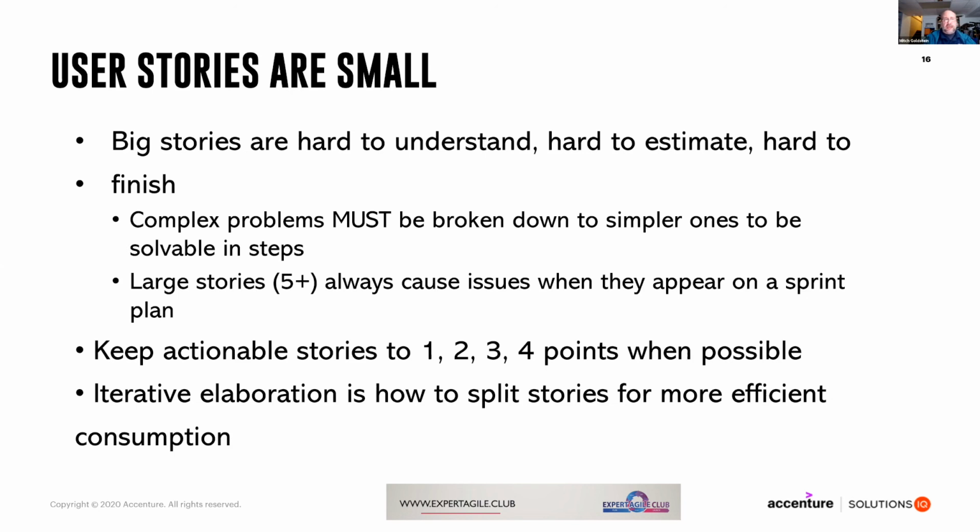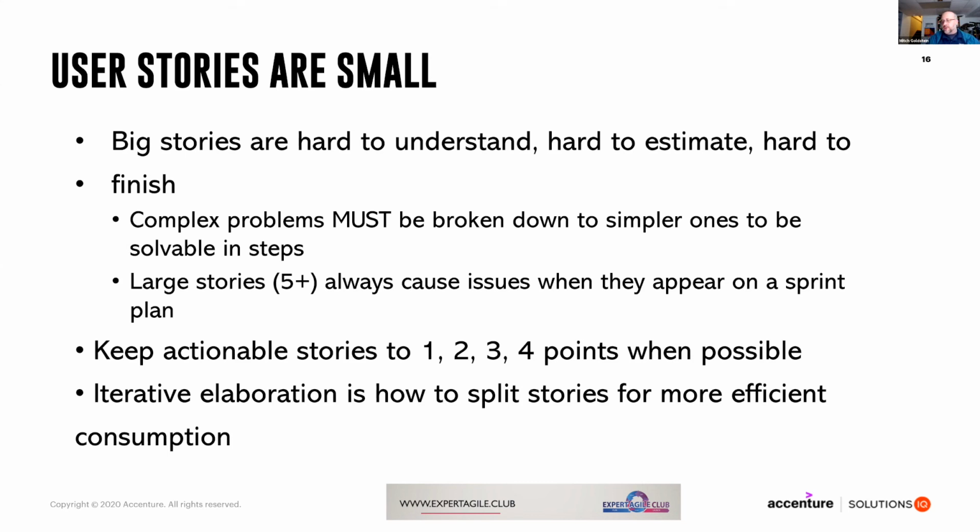And we know that we can't really solve a complex problem intrinsically, that anytime we have a complex problem, it has to be broken down to a simpler problem. And then by virtue of solving simpler problems, we then solve complex problems that way. So we know we have to break down complex problems. So we don't try to attack complex user stories. We focus instead on getting them to be small.